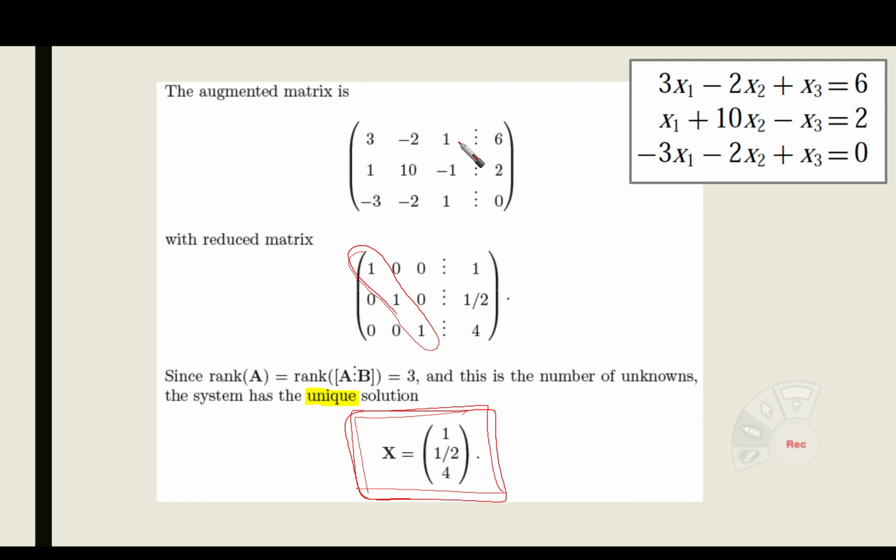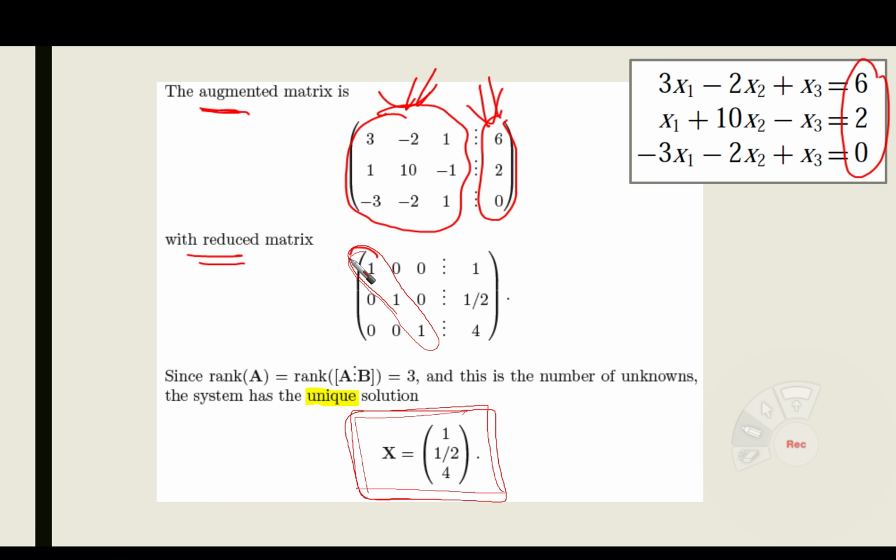Simply we put it in the augmented matrix, with this the coefficient matrix and this the right hand side of our equation. We're going to reduce. Fortunately, you found 1 1 1 in the diagonal. This means the identity matrix, so AR equals I3.